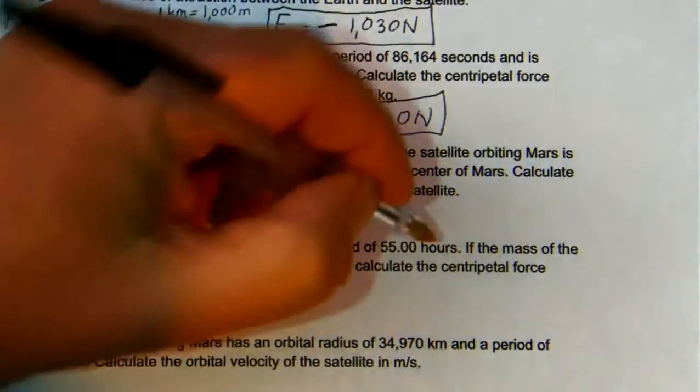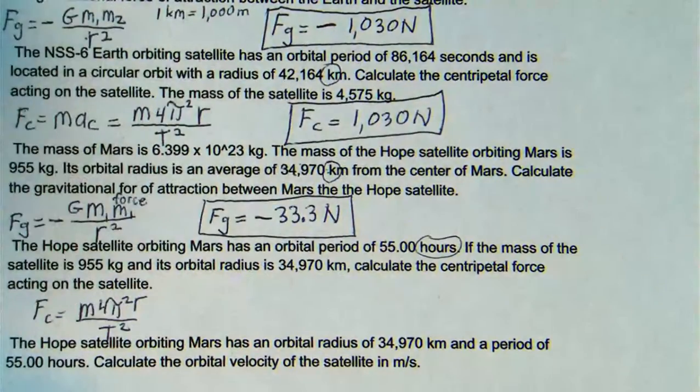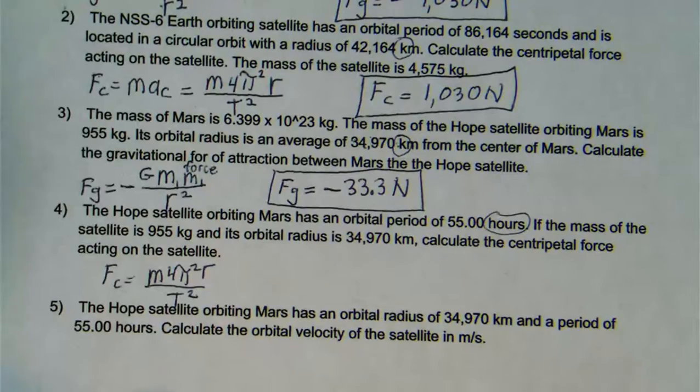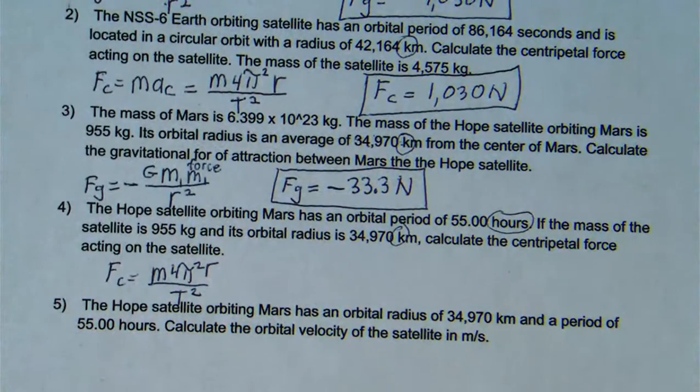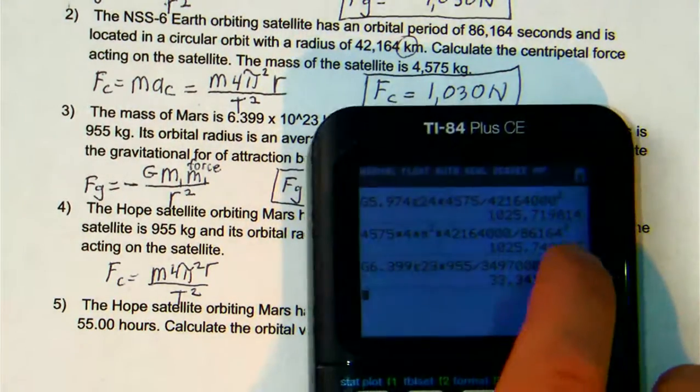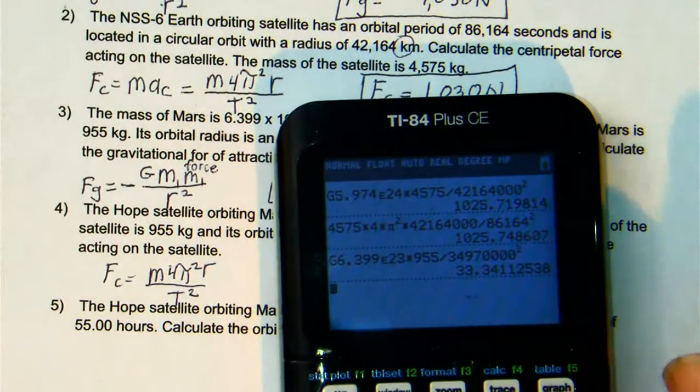Of course, being in hours, you have to convert the hours to seconds. You're expected to know that there's 60 minutes in an hour and 60 seconds in a minute, or otherwise 3,600 seconds in an hour. And of course, if the radius is in kilometers, you need to convert it to meters before you plug it into the formula.